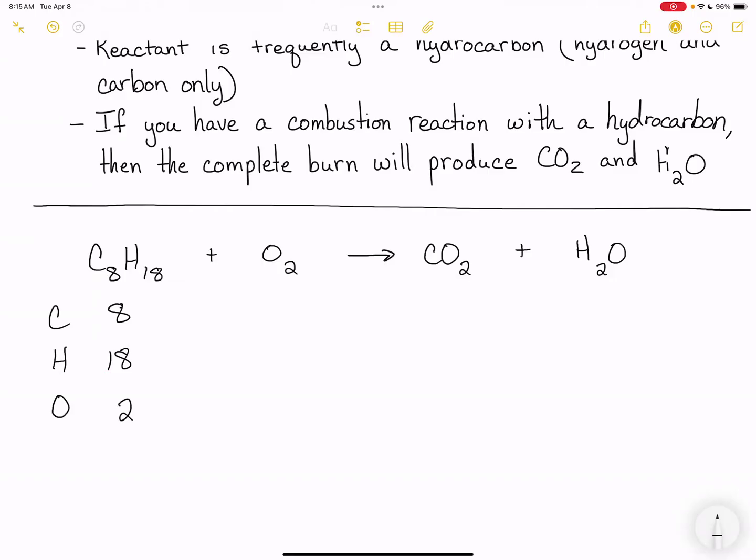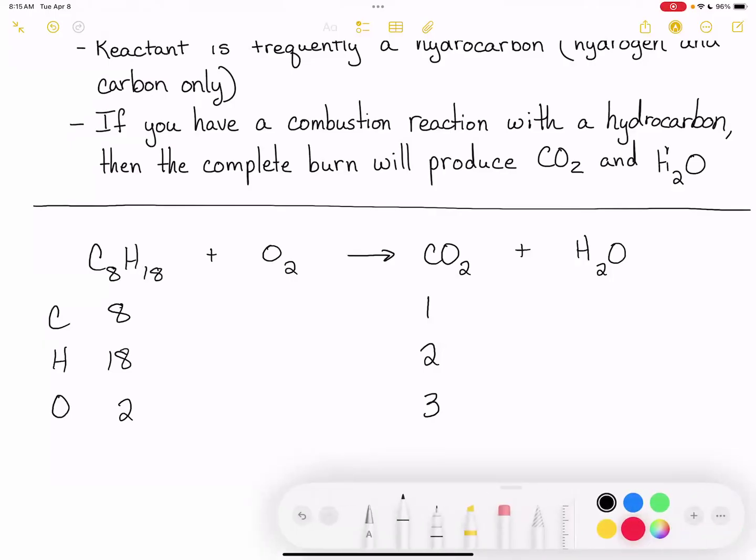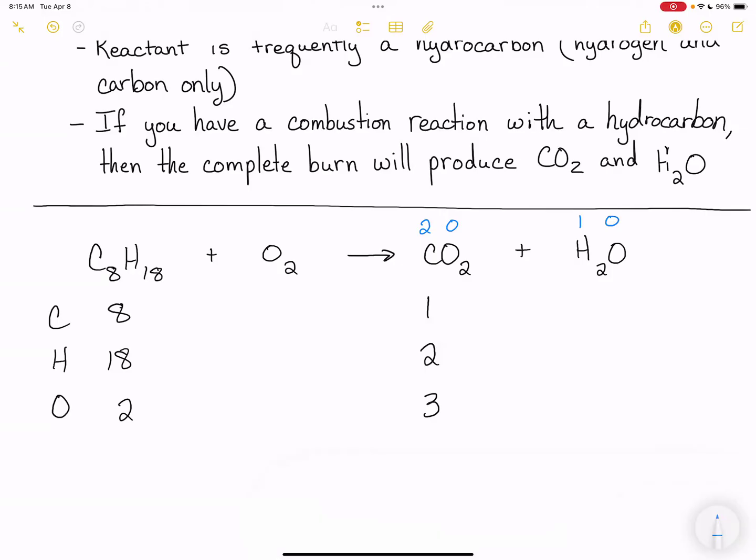On the product side, we have 1 carbon, 2 hydrogens, and 3 oxygens. We have 3 oxygens because carbon dioxide contains 2 oxygens and water contains 1 oxygen. When you add that together, you've got 3 oxygens.